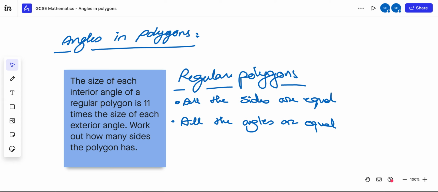There are other important facts that we need to know about polygons in general.